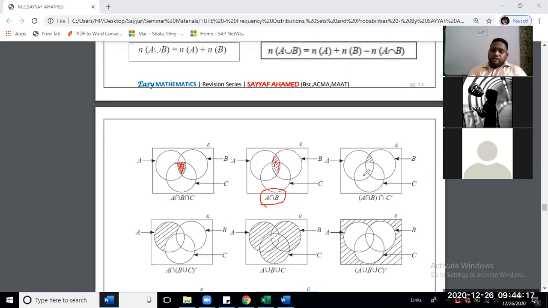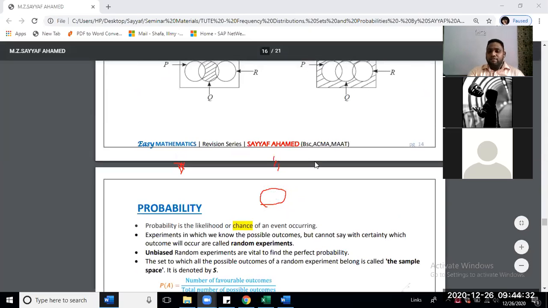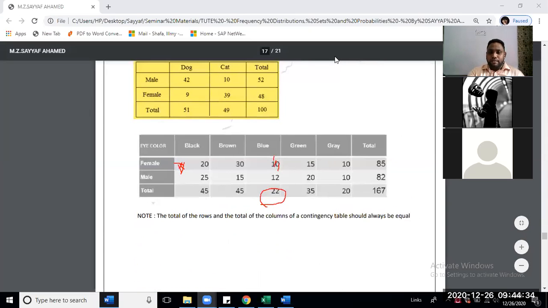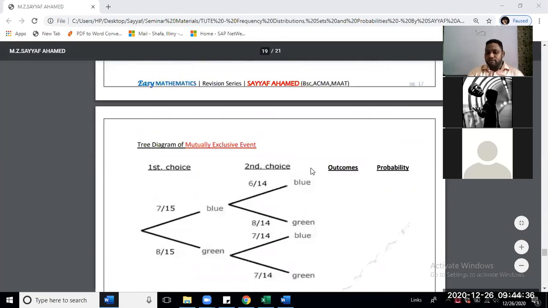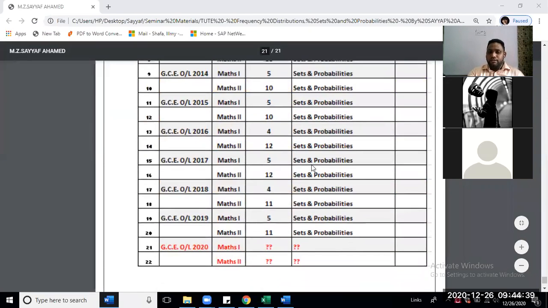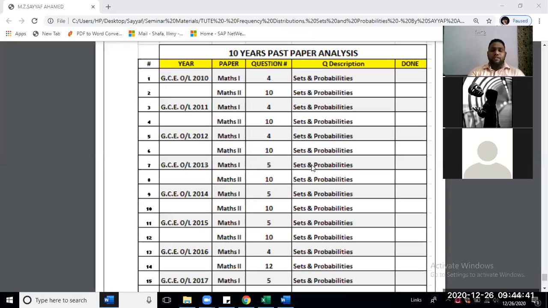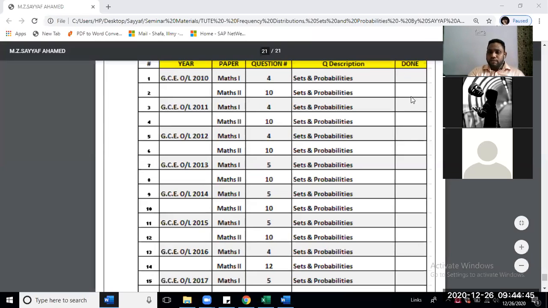And now there are some practical questions in the past paper, right? Most of the time these practical questions are tested, some scenario case related questions are tested in the past paper, right? And also in this particular chapter, I have given you the 10-year past paper analysis on how it is tested, guys, right? Everything is done and it's there in the table, and it's up to you whether you are going to do it and mark it in your done table, right?